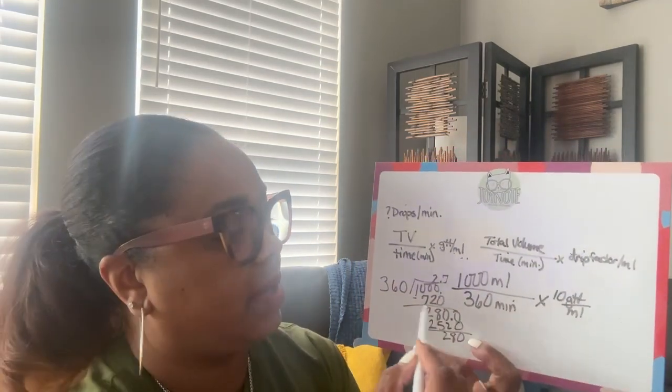Now we're going to create another 0 because we need to make sure that we are able to pull this out further to make sure if we have to round or not. So 360 goes into 2,800 7 times. 7 times 360 is going to be 2520. And then this is going to be, once again, another 280.